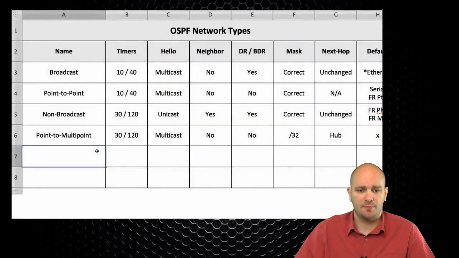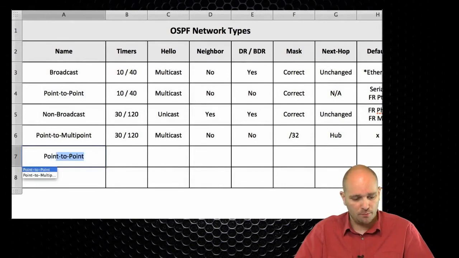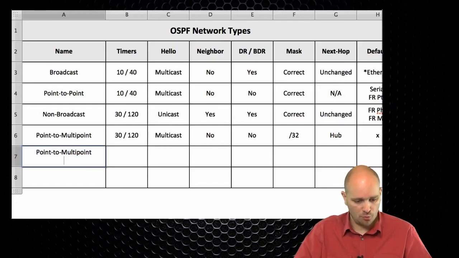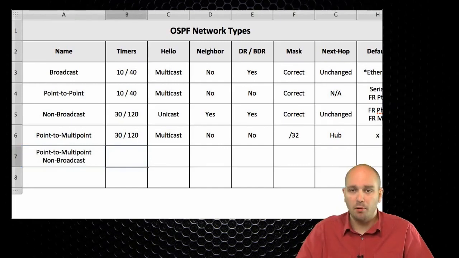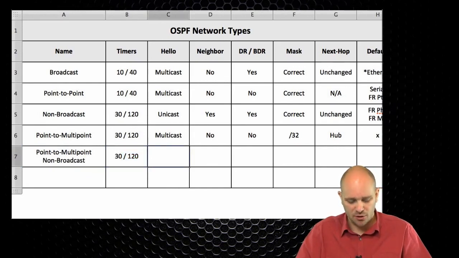Next network type that we're going to go through is going to be point-to-multipoint non-broadcast. Now, as the words imply, this is going to be very, very similar to point-to-multipoint. The timers are going to be the slow timers.